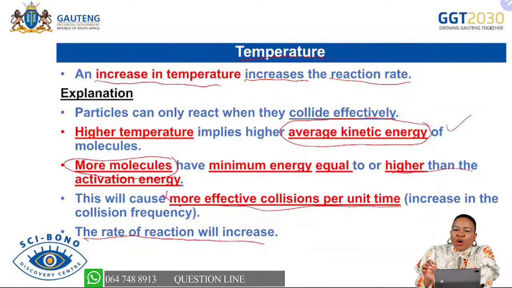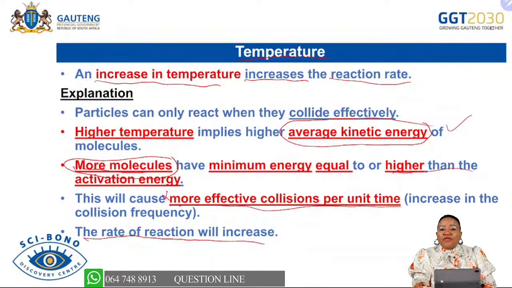So immediately when you understand the first bullet of the factor, the next two bullets might be the same principle, because we are looking at how we can meet effective collision. So therefore, an increase in temperature increases the average kinetic energy of the reacting particles. Therefore, more molecules will have minimum energy equal to or higher than activation energy, and there will be more effective collisions per unit time, and therefore the reaction rate will increase.